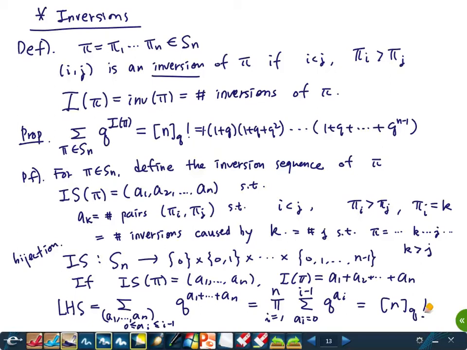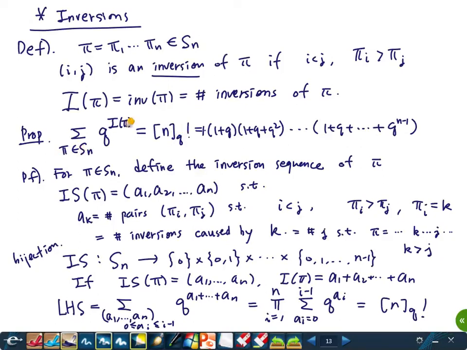Question? So the generating function for permutations. People normally say it like this: the generating function for permutations according to the inversion statistic is equal to n q-factorial.